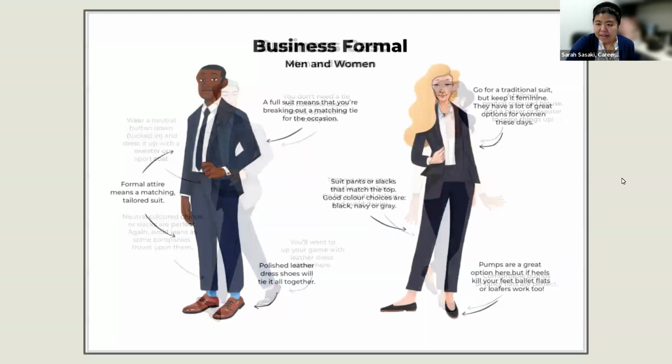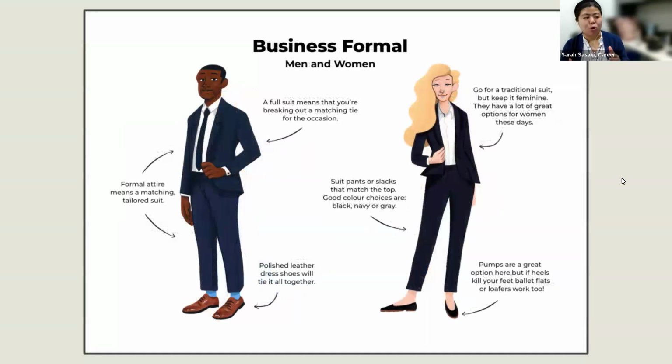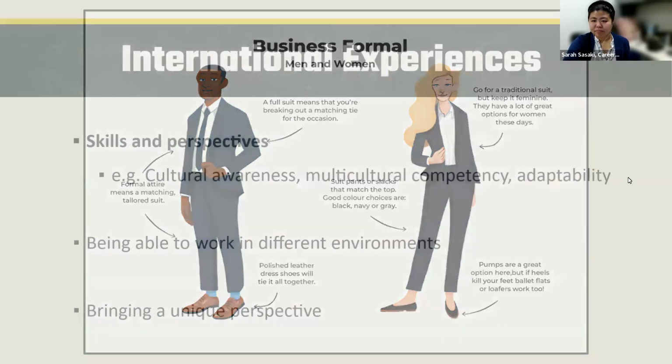People also go for two-piece suits in the same color, darker colors like blues and blacks, with dress shirts as well. I always recommend being more formal for the interview, just to be on the safe side.